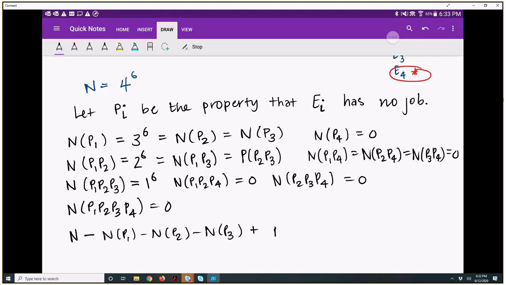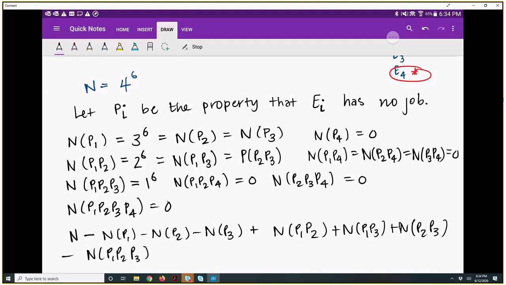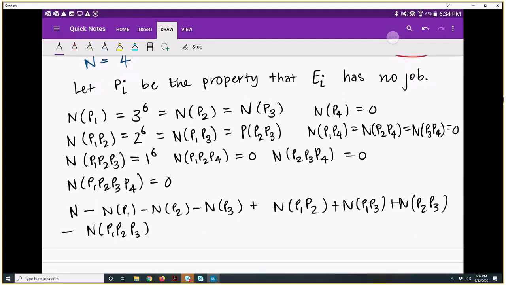Then I want to add in the P1 and P2, P1 and P3, P2 and P3. And then I want to subtract P1, P2, P3. Now, in general, this formula would have all of these other terms as well. But I know that they're all 0.